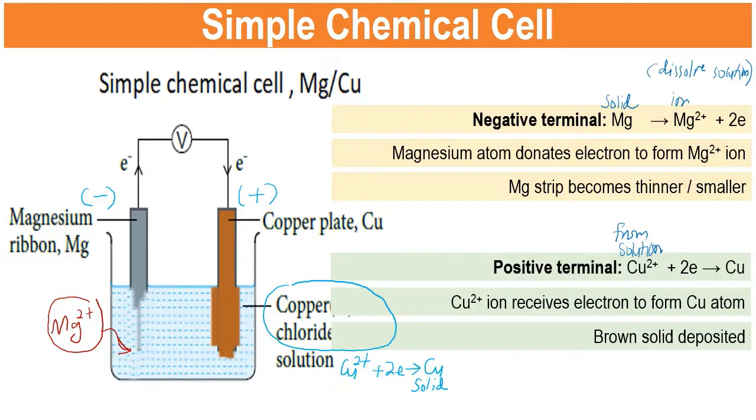So copper atom, a metal atom, usually exists as solid. But in order to write a correct observation, we must include the color of the solid form. That's why the observation is written as brown solid deposited.